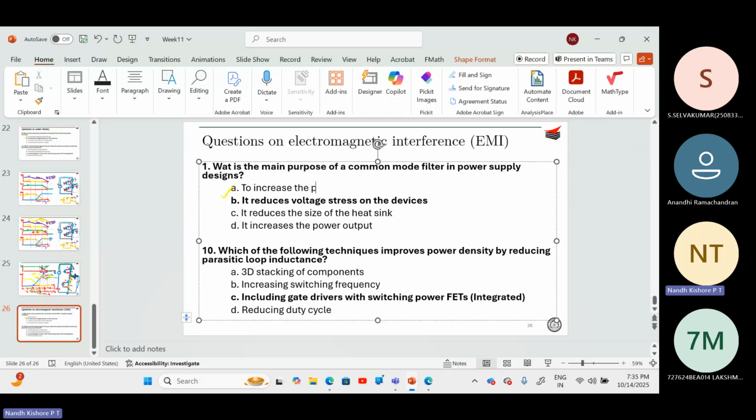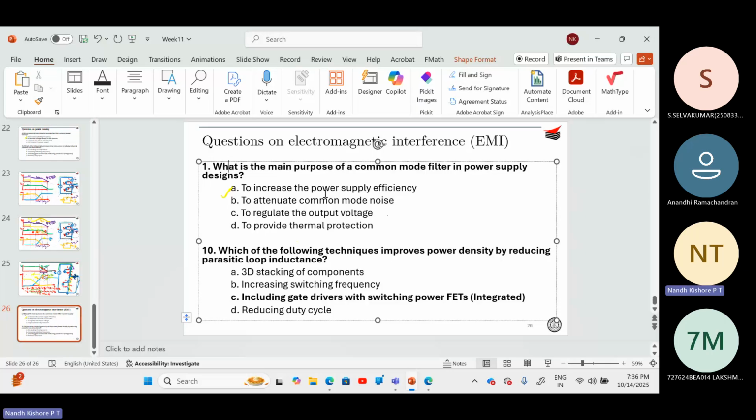To increase the power supply efficiency, to attenuate common mode noise, to regulate the output voltage, provide thermal protection. So what is the answer?